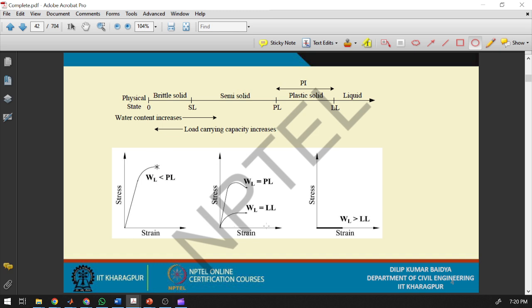This is when your water content is less than your plastic limit. You will see not exactly plastic failure. This will be between plastic limit and liquid limit. For a plastic solid, you will have a failure like a smoother curve.